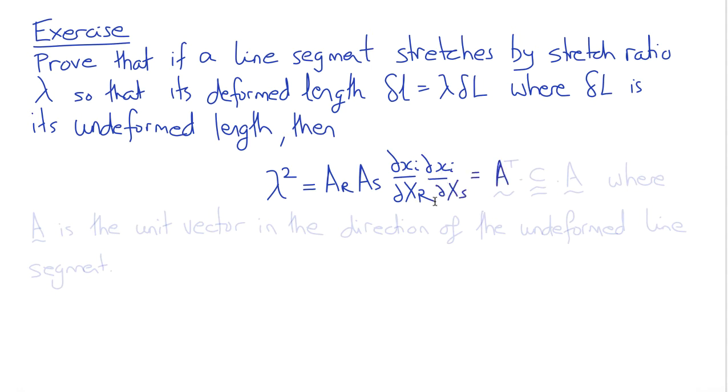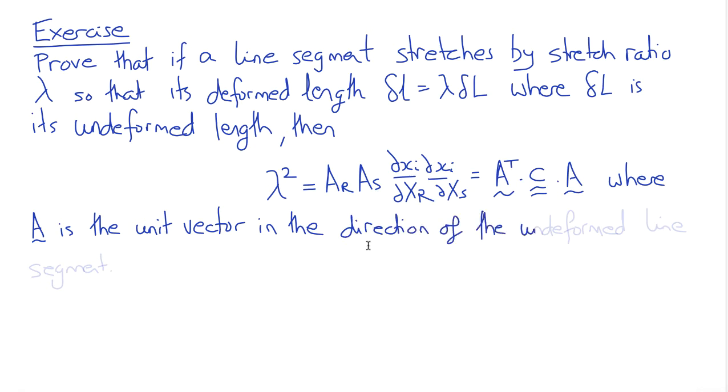You might recognize that latter term as C, the right Cauchy-Green deformation tensor, or in vector and tensor notation this would be Aᵀ C A, where A here is the unit vector in the direction of the undeformed line segment with length ΔL.